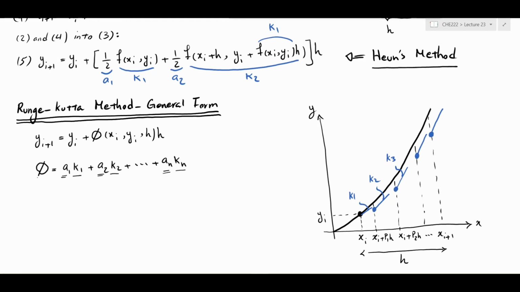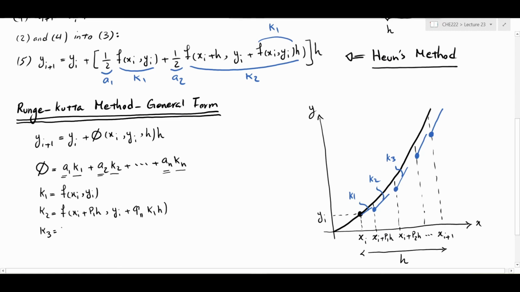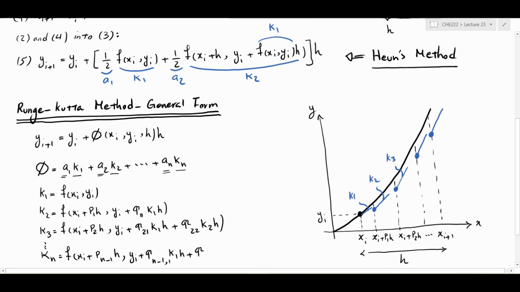Next, I have to define the k's. The simplest is k1, which is the slope of the curve at the beginning of the interval, and then we have k2 all the way to kn, which are as follows.